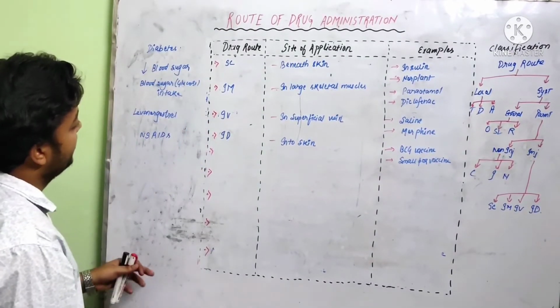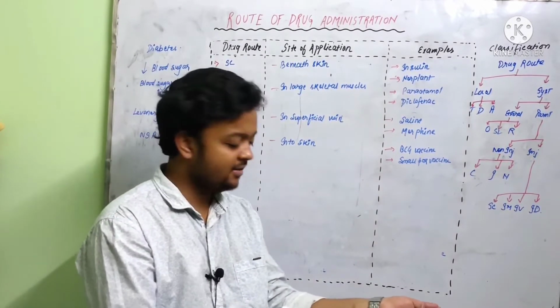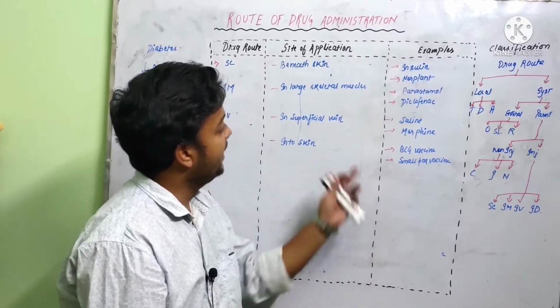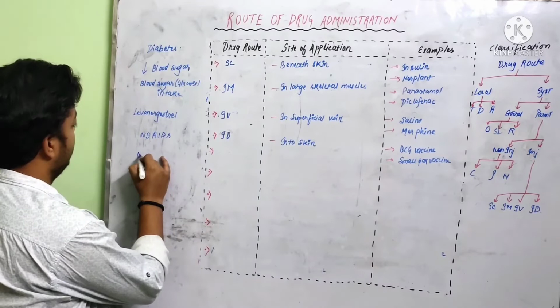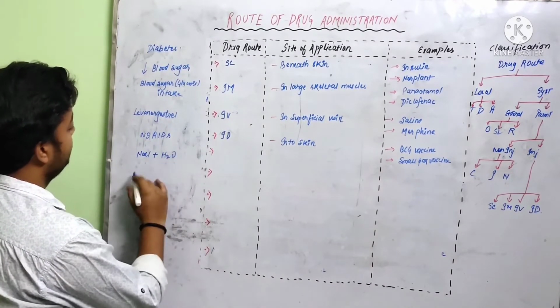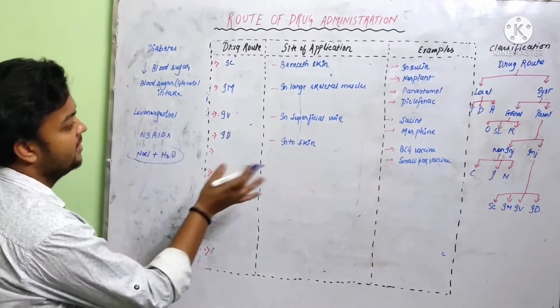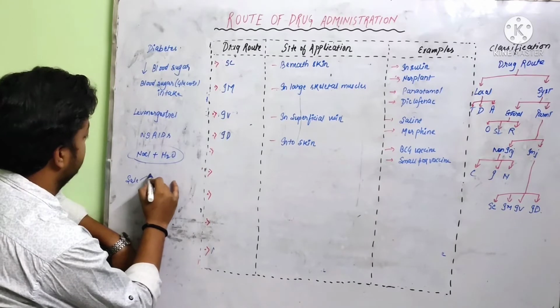So next we have the intravenous, that is the superficial vein, that is the veins you see in the hands. Okay, and we use saline. So guys, saline is a mixture of NaCl, that is sodium chloride, and water. Okay, and uses of saline are many, like cleaning of wounds.